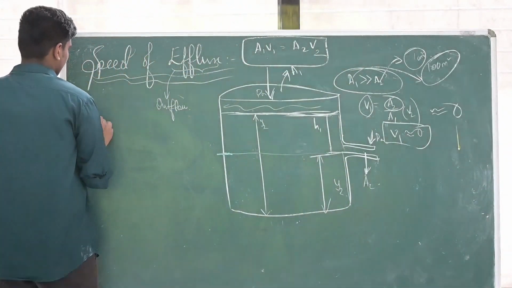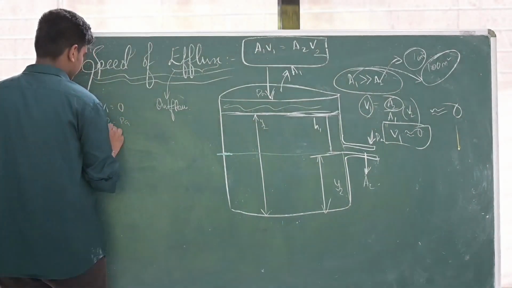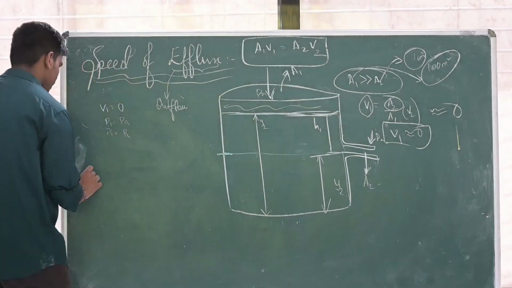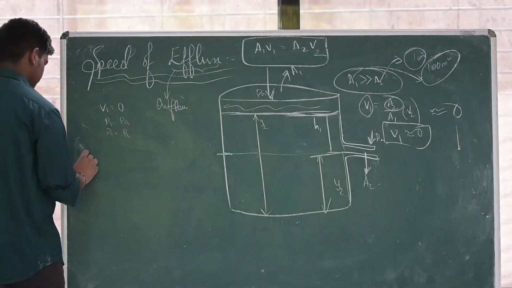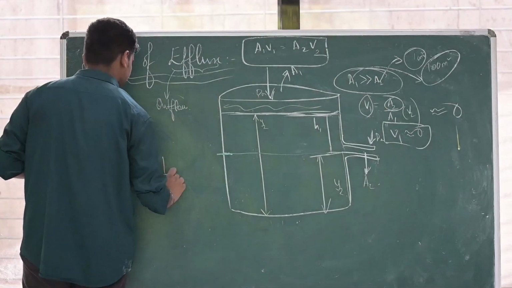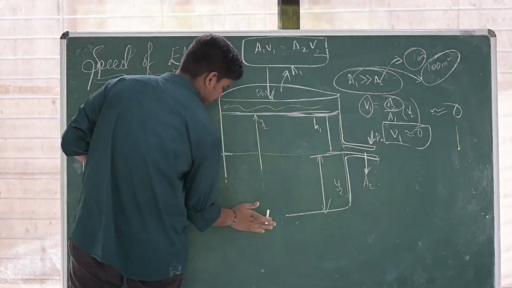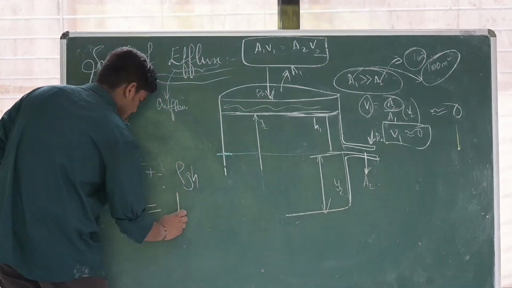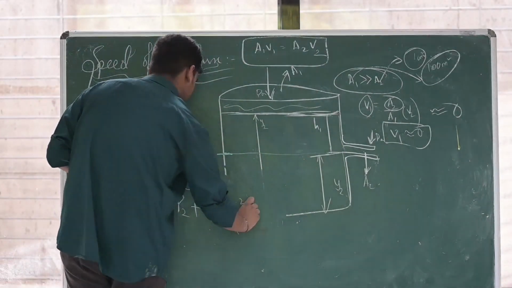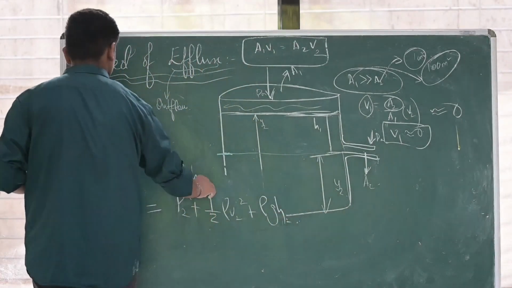Okay? Now, V1 is equal to 0, P1 is equal to PA, P2 is also equal to PA. Now, as per Bernoulli's theorem, P1 plus half rho V1 square plus rho G H1 is equal to P2 plus half rho V2 square plus rho G H2.